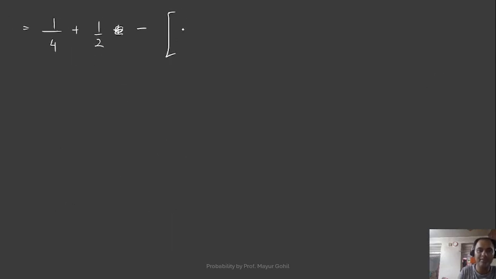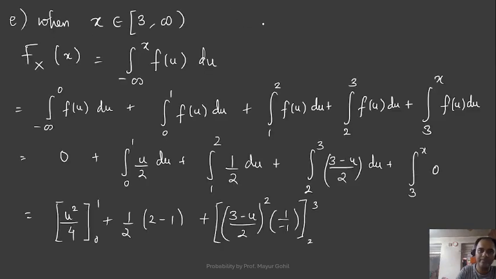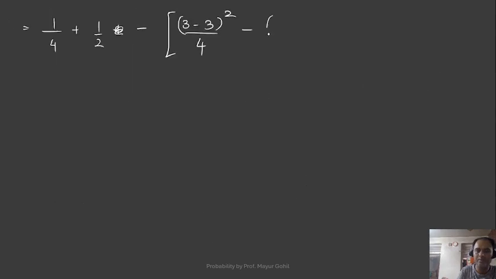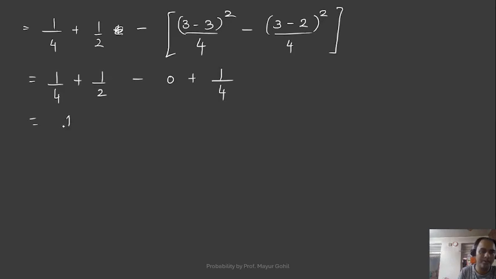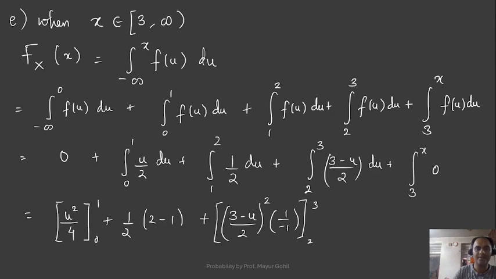So it is 3 minus 3 the whole square by 4 minus 3 minus 2 the whole square by 4, which gives you 1 as your final answer. Now this was very evident because you are taking all the intervals and adding them up, so it is nothing but the integration of the PDF from minus infinity to infinity.